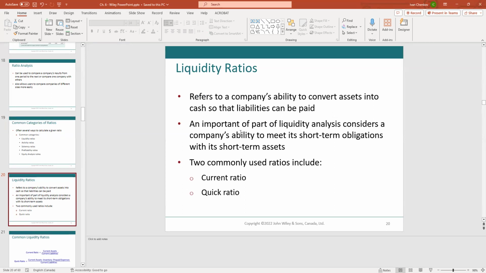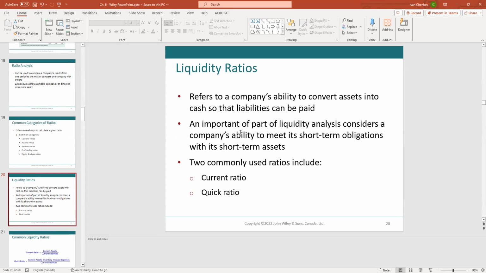There are 2 commonly used ratios here. We're going to have the current ratio and the quick ratio. You're going to be tested on those ratios. So you better understand that the most commonly used liquidity ratios are the current ratio and the quick ratio.